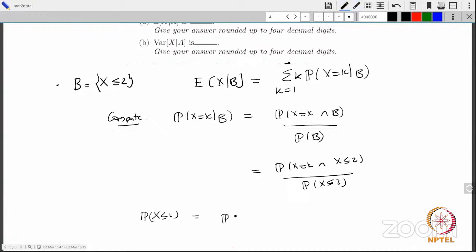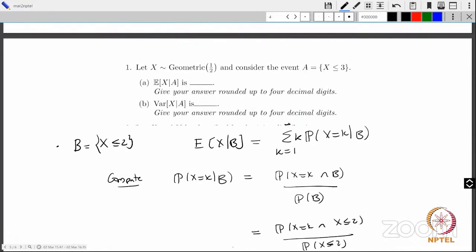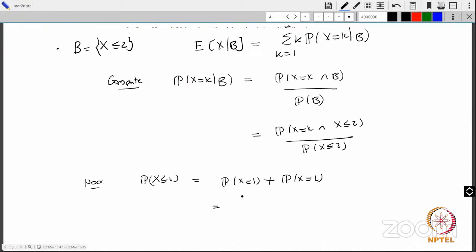X is geometric, so it means x equal to 1 plus x equal to 2. I've said x is geometric half. Geometric half means the first success has probability a half. Here you have failure in the first one, which is half, and success in the second one, that's a quarter. So the whole thing is 3/4. So that's the probability x less than or equal to 2.